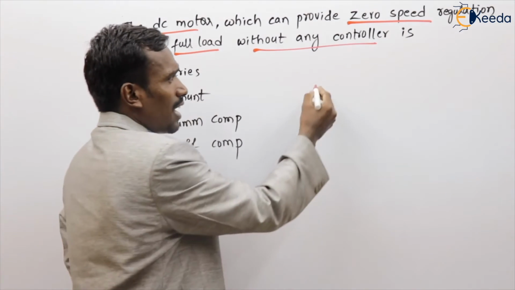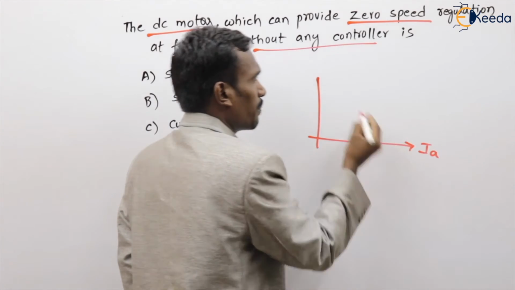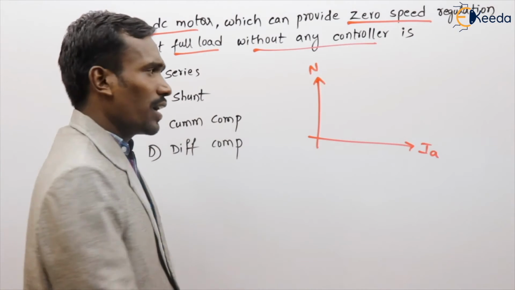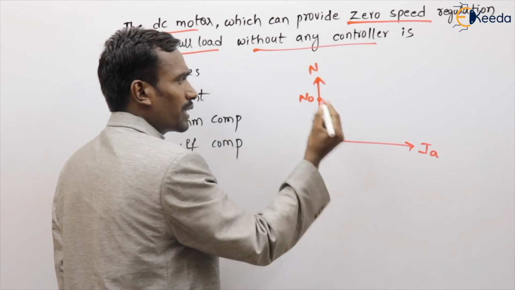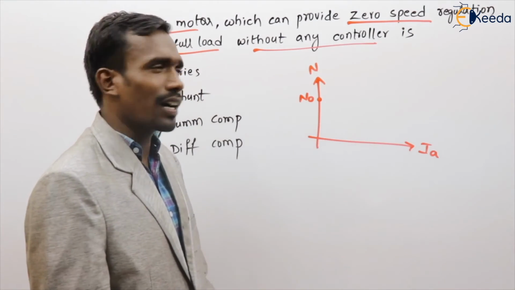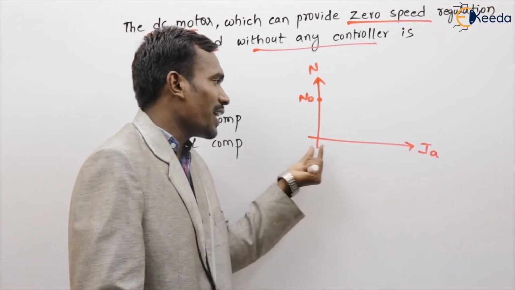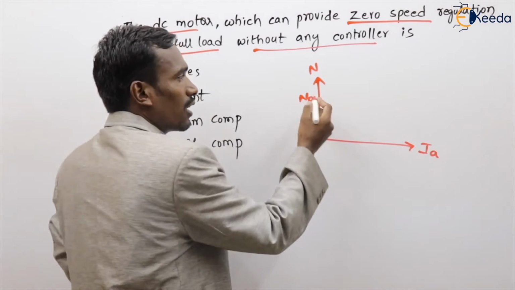For that, I am drawing the speed and load characteristics, for example, Ia and N characteristics. Even under no load condition, some speed is there for shunt motor and compound motor, called no load speed, even when Ia is equal to 0. The motor rotating at some speed is called no load speed.